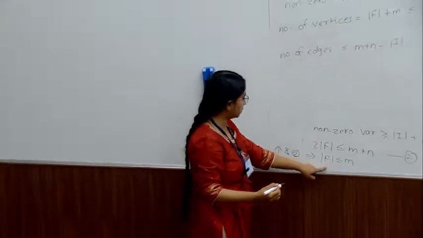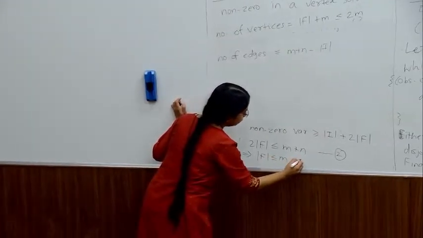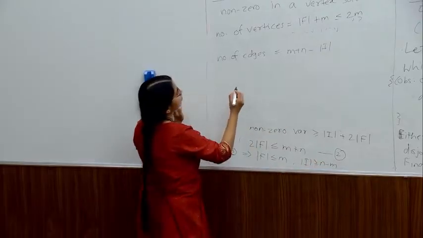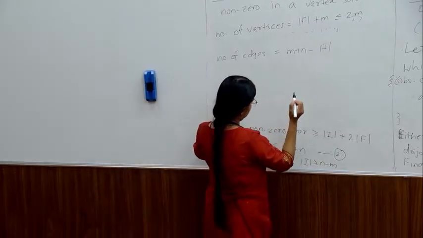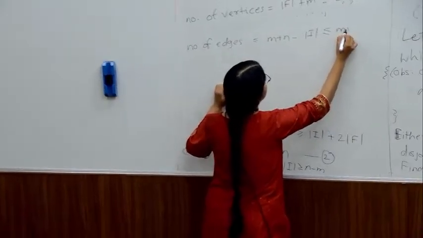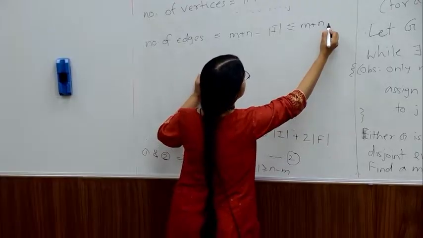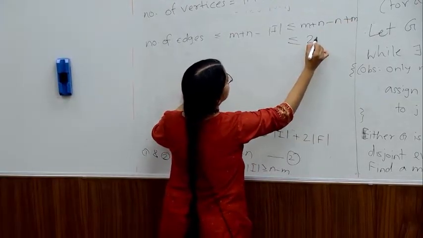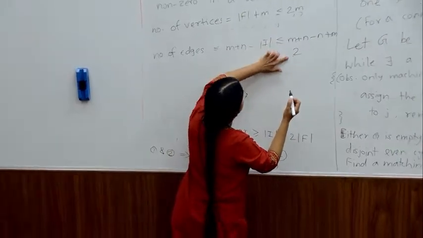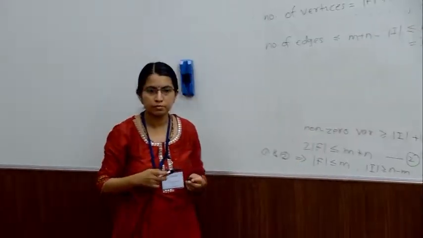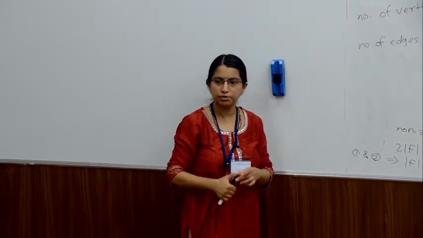Now since |F| is at most m, we have |I| more than or equal to n minus m. Does everybody get the calculation?